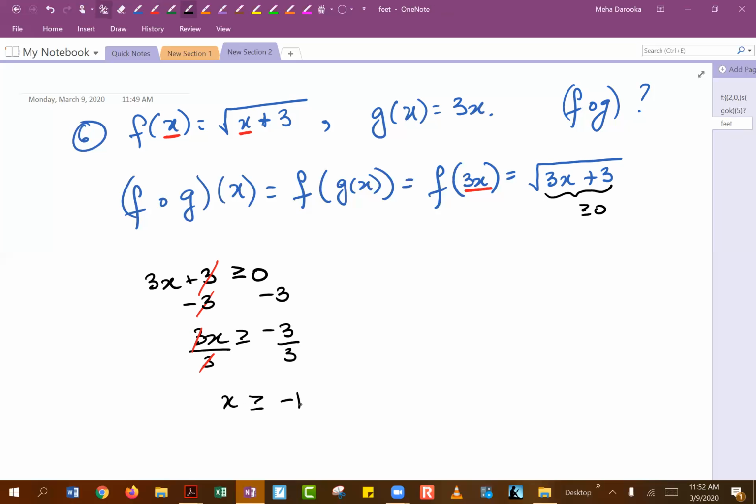Okay, so that's telling us what our domain will be, because x can be -1 or greater than -1. Don't our signs change or no? Only if you divide or multiply by a negative number.